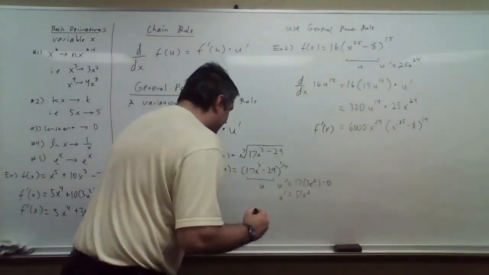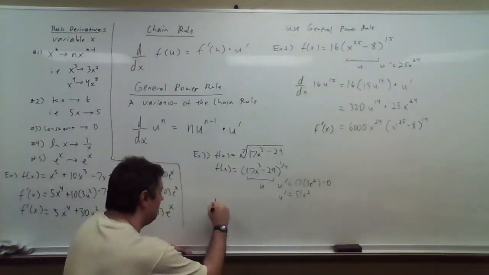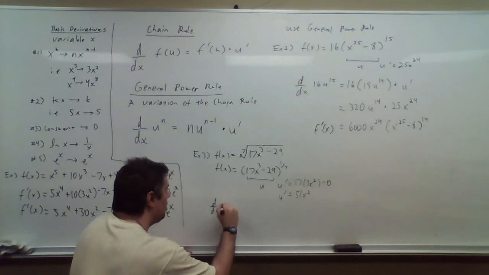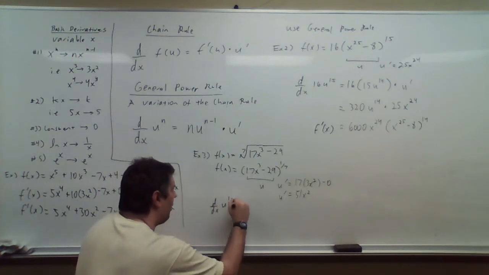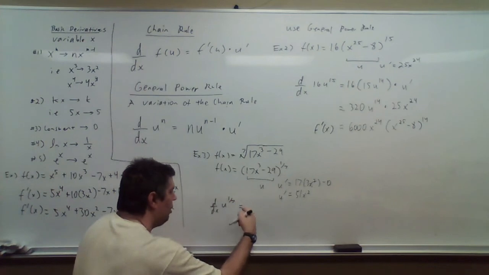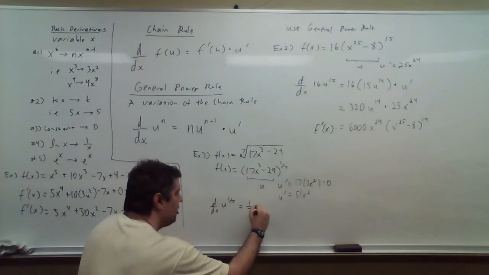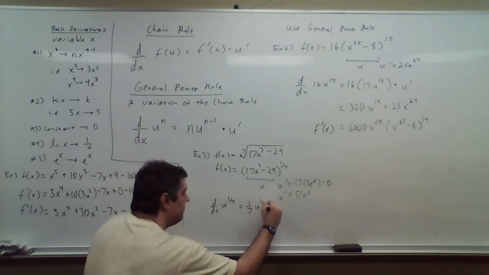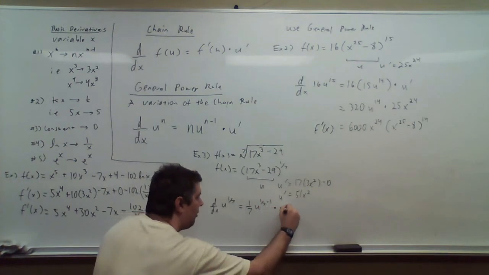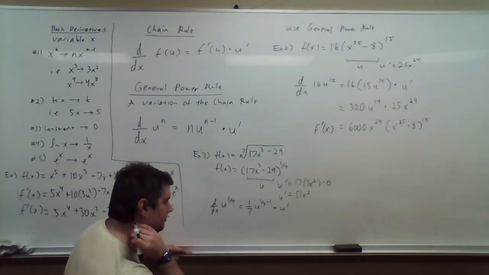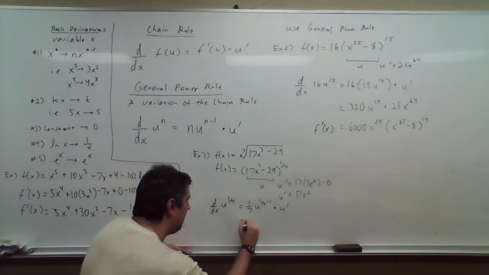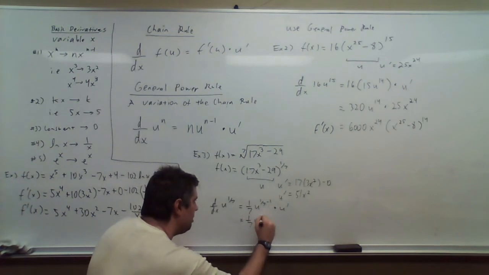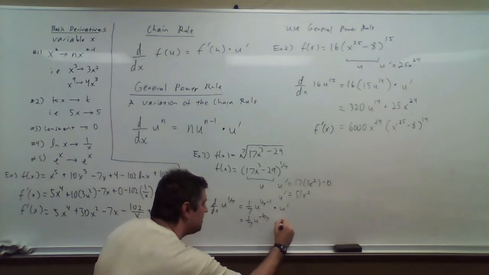So d/dx of u to the 1/7 power would equal 1/7 going to the front, u going down a power, 1/7 minus 1, times u prime. So that would be 1/7 times u to the negative 6/7 times 51x squared.